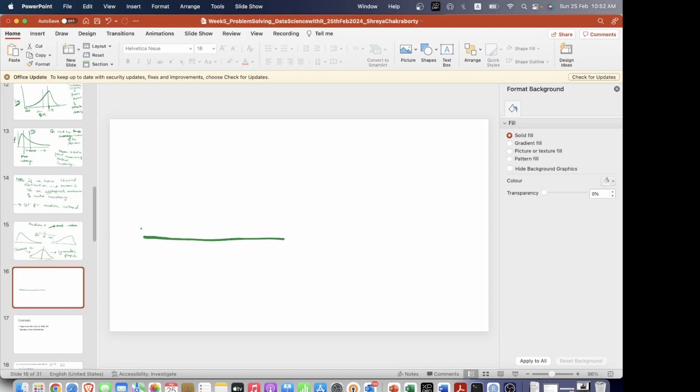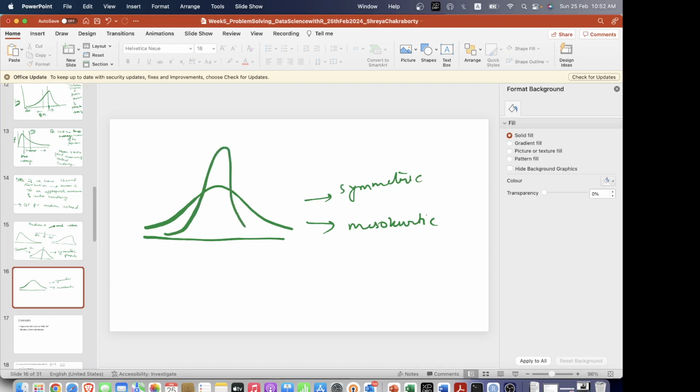Now you might have heard about a normal distribution. A normal distribution looks something like this. It is symmetric and it is also called mesokurtic. If we have a distribution which has thinner tails and high peaks, such a curve would be called leptokurtic.